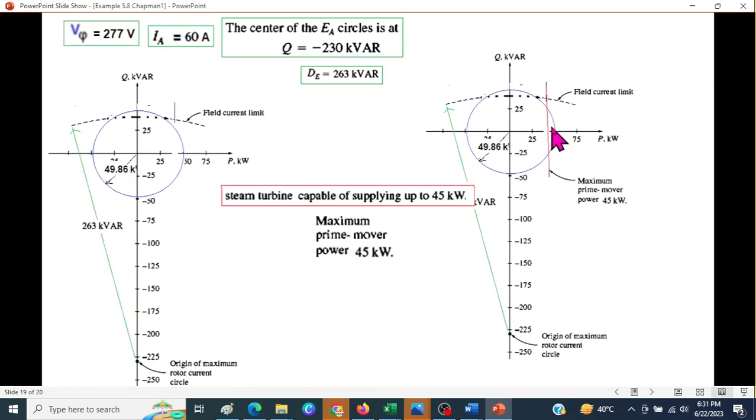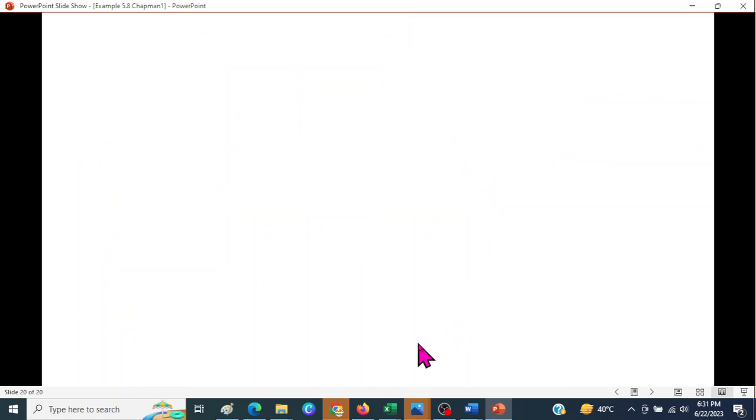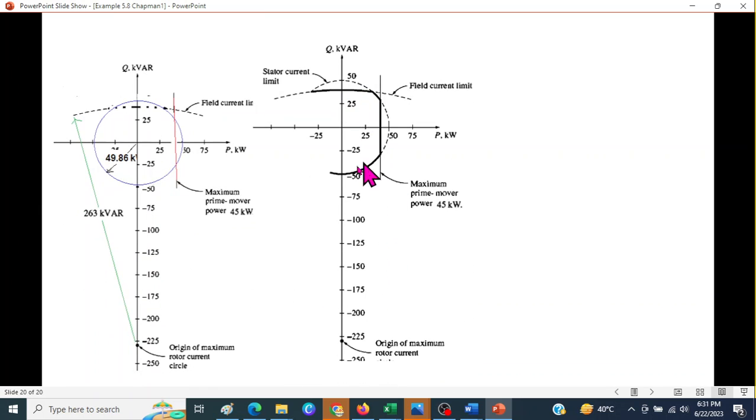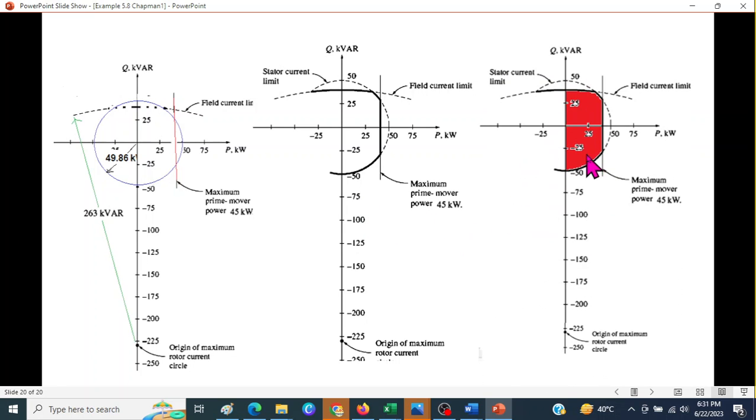Now our limit is this: the upper portion is out, and this whole left side is out. This is the graph drawn in the book, but I think a more appropriate one will be something like this, with the red color that I have done. So this is the real capability curve.